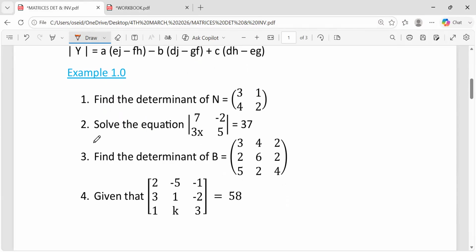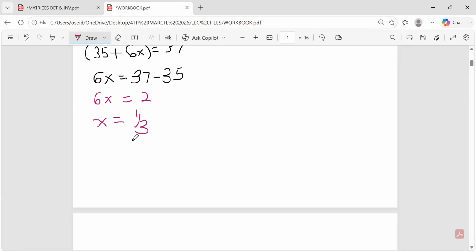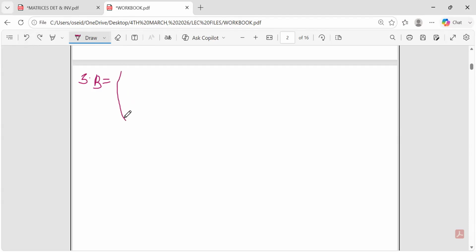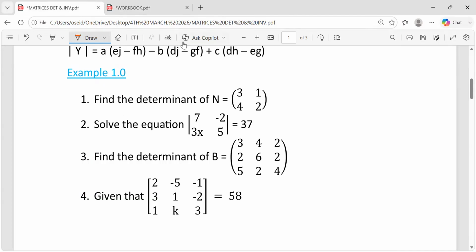In the next example, we have matrix B equals 2, 3, 4, 2, 2, 6, 2, 5, 2, 4. So number 3, which is matrix B, equals: first row 2, 3, 4.